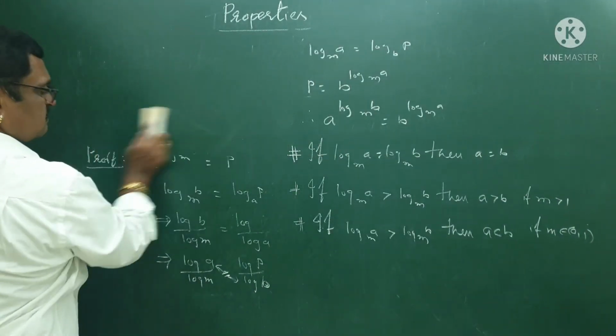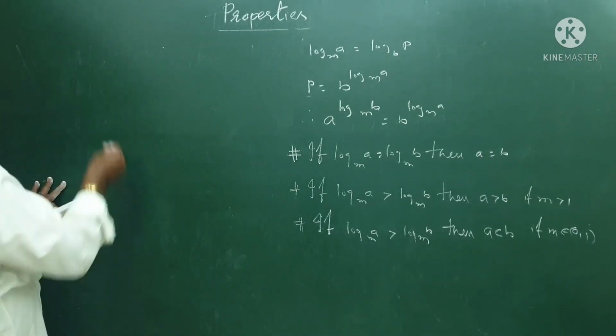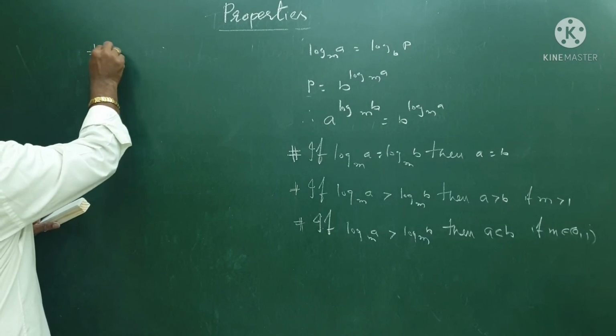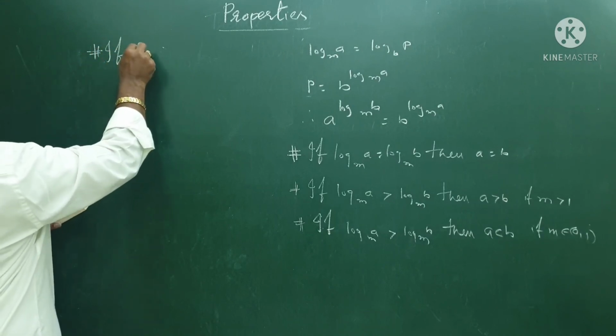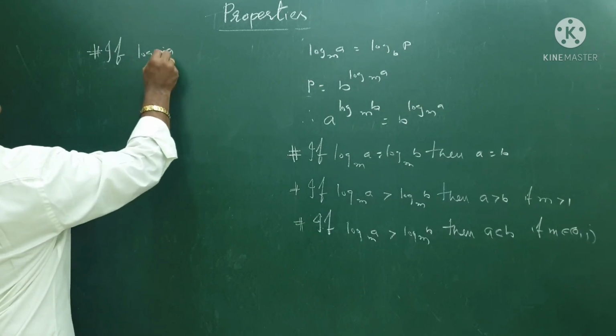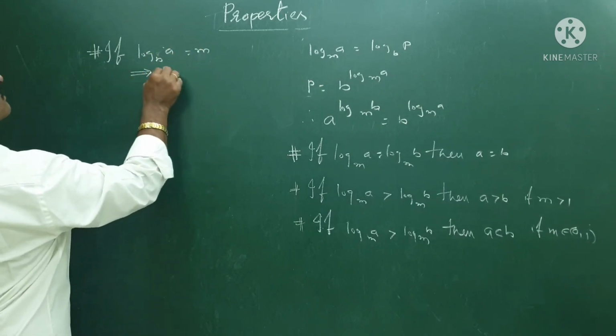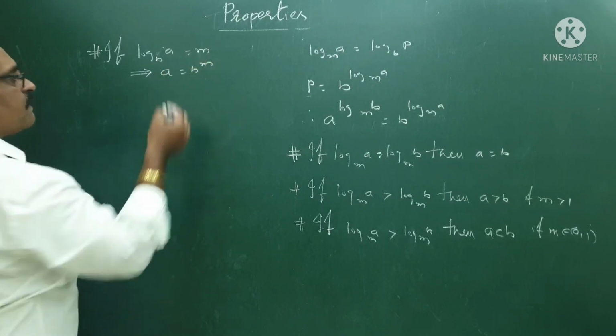One more, which you all know very well, which is removing log. If log a base b is equal to m, this implies a is equal to b power m.